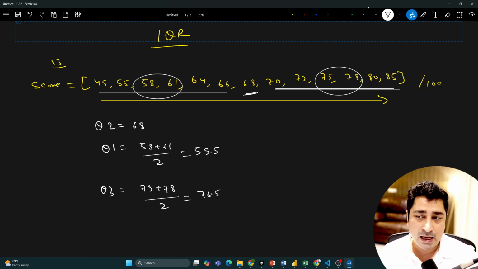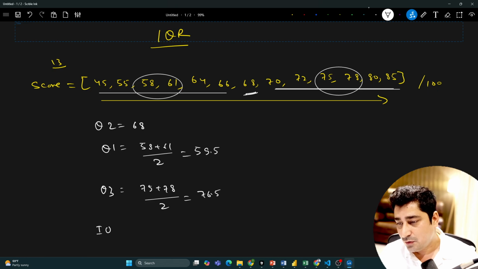So Q1, Q2, and Q3 I am able to find out. Now what is the interquartile range, IQR? The interquartile range is basically Q3 minus Q1.